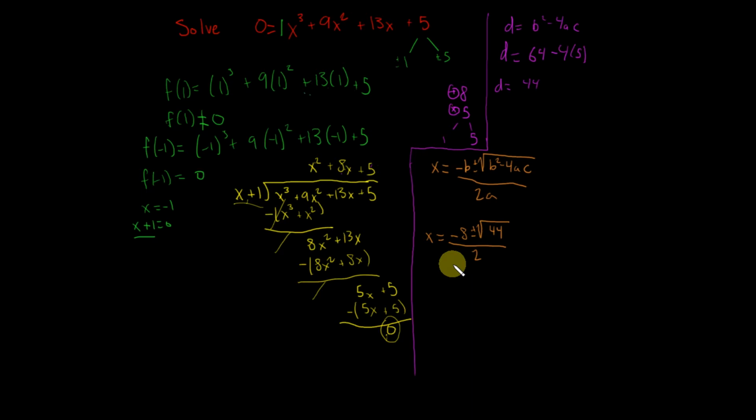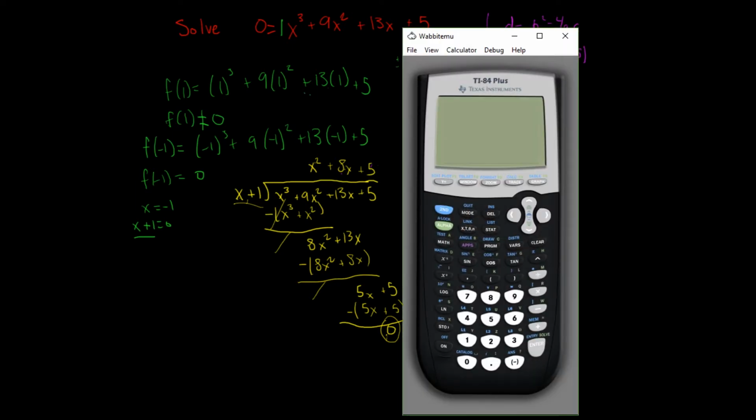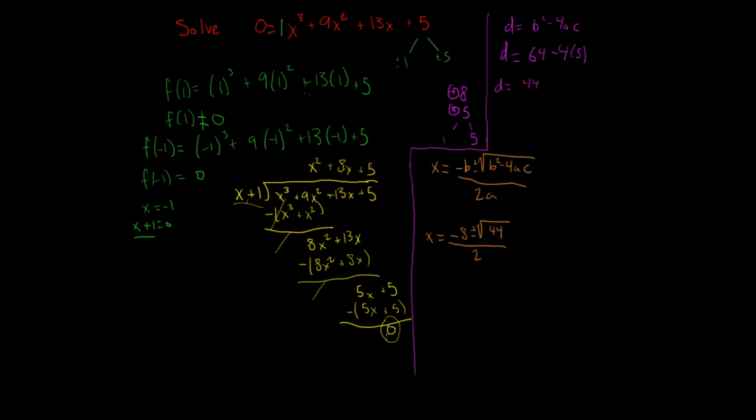So let's think here. Root 44. Can that be simplified anyhow? I'm going to do this off to the side. So root 44, we can break that up into 4 times 11, and that will equal root 4 times root 11.